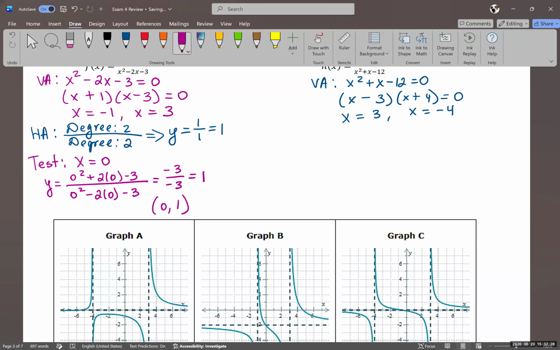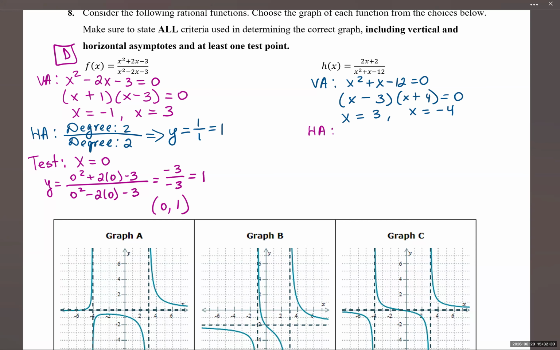Horizontal asymptotes. The degree of this function in the numerator is 1. The degree in the denominator is 2. So when the degree of the numerator is smaller than the degree of the denominator, the horizontal asymptote is the line y equals 0. That's the x-axis. And let's go ahead and figure out a test point.